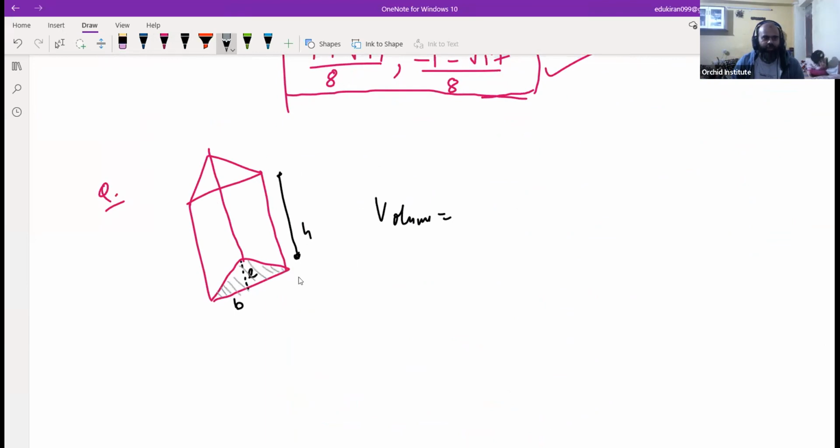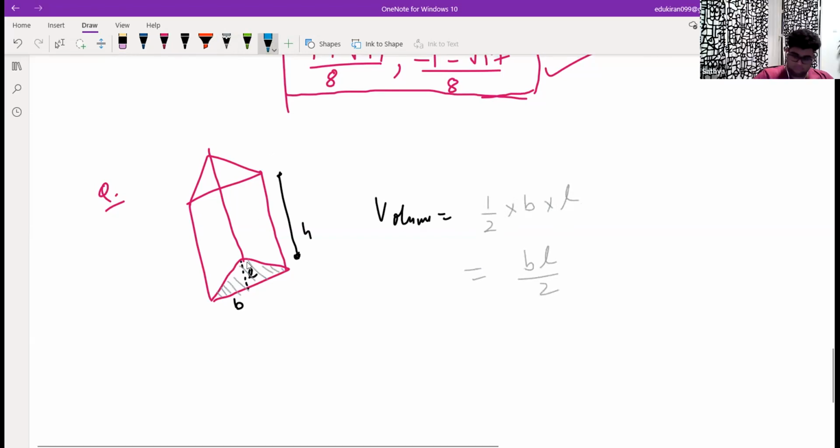What is the area of a triangle? Half into base into height. This triangle has the area B into L by 2. Is it okay? Yes, sir.